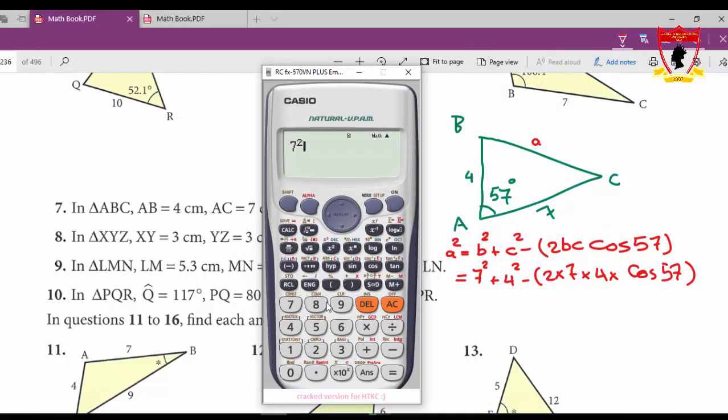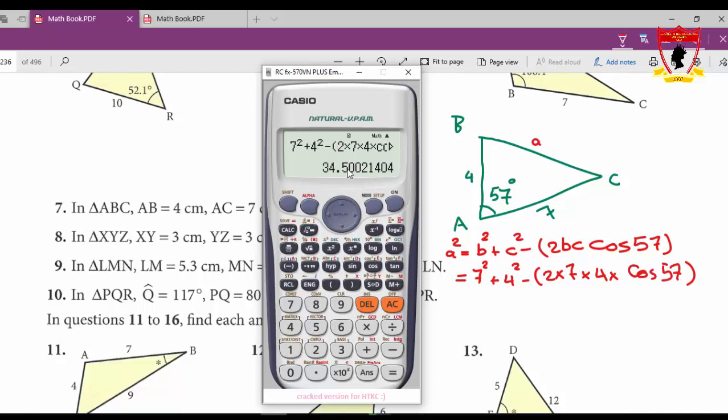Seven square plus 4 square minus bracket 2 times 7 times 4, then times cosine of 57. Close the bracket and the other one.